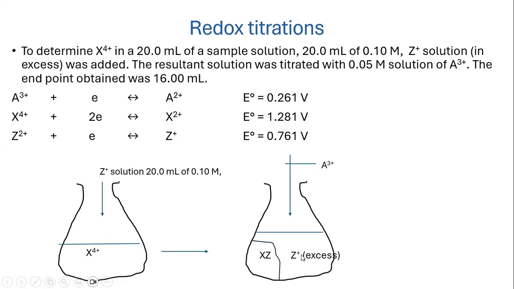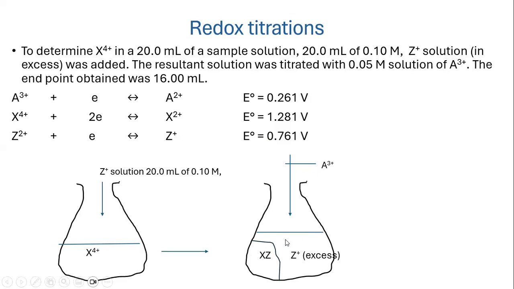Out of the whole Z plus, a small amount is going to be converted to Z2 plus. Z plus small amount will be oxidized, but A3 plus you are adding a small amount, that whole amount will be reduced. Got it?